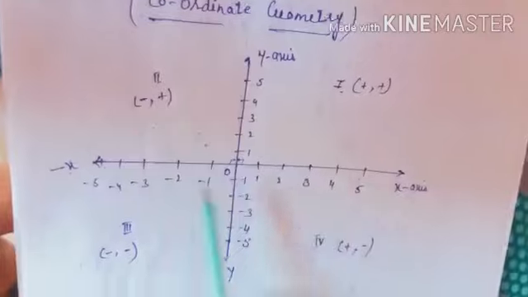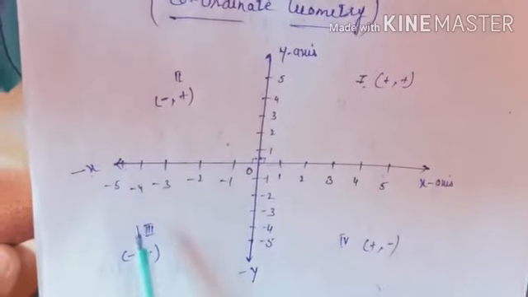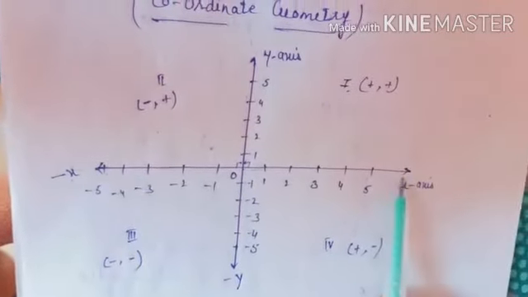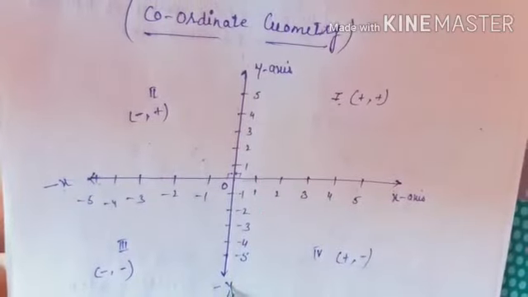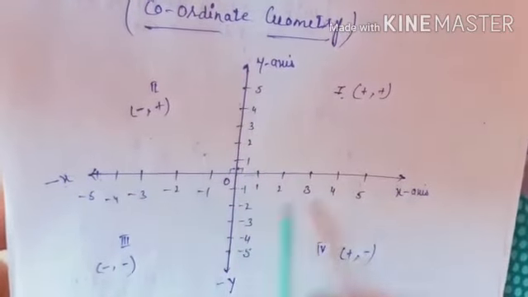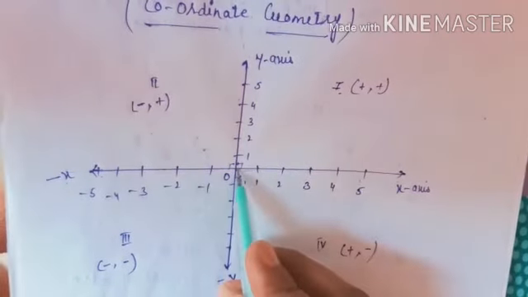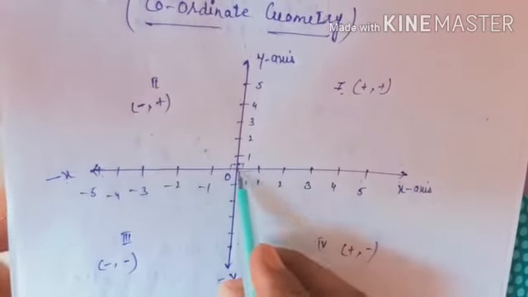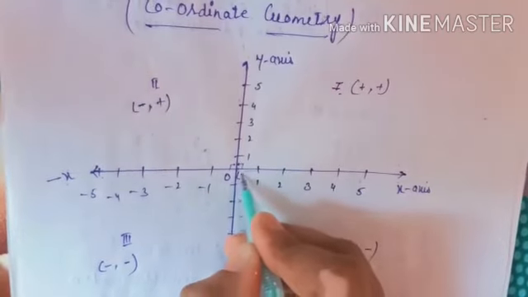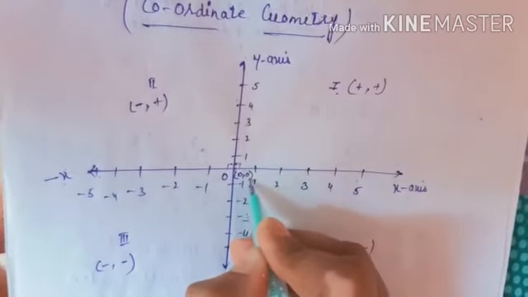You know very well, beta, this is a Cartesian plane. In this Cartesian plane, this is the x-axis and this is the y-axis, and both axes intersect each other at a 90-degree angle. This point of intersection is known as the origin, and the coordinates of the origin are 0, 0.